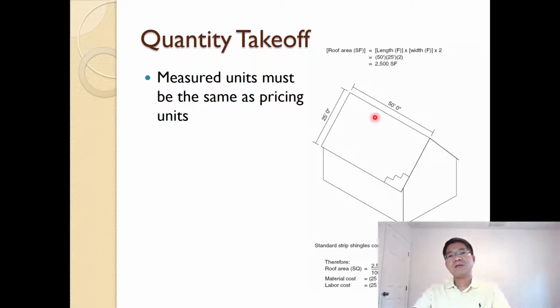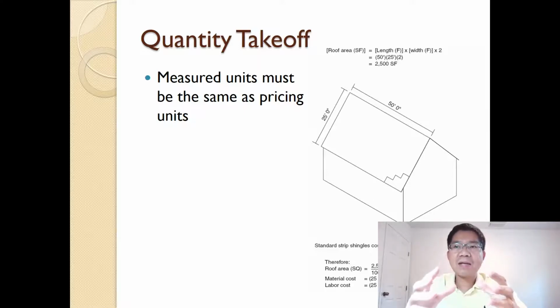But for the standard shingles here, it is priced by the square, $50 per square, for example, and you have to convert the square feet that we determined, which is the measured unit, to squares. In this case, 100 square feet equals 1 square, so you have to divide by 100 square feet per square to get 25 squares before we apply the pricing unit of $50 per square. So keep that in mind, otherwise we have a mistake in the estimating.